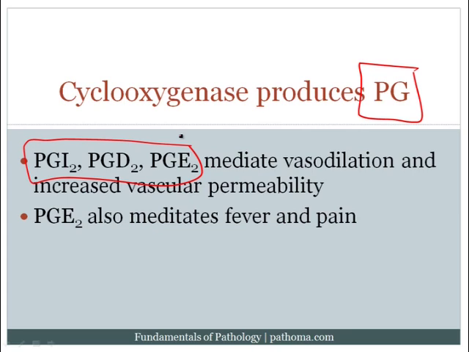In addition, prostaglandin E2 also mediates fever and pain, and the way I remember that is fever is mediated by E2. So prostaglandin E2 mediates fever. Anyway, whatever helps you to remember it, but you do need to know that prostaglandin E2 mediates fever, and it also mediates pain.